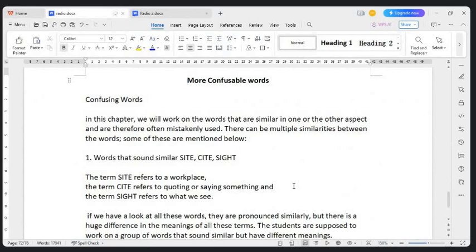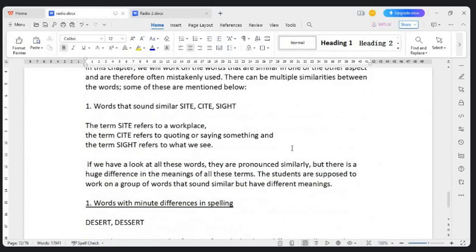SIGHT refers to what we see, what your eyes are looking into. These three words are pronounced almost similarly, but there's a huge difference in their meanings. Students are supposed to work on groups of words that sound similar but have different meanings. Your first set of words would be SITE, CITE, SIGHT.